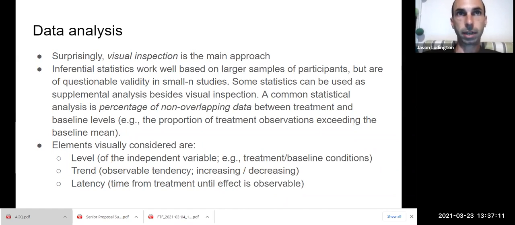And in the treatment, there will be some days in which there are more cigarettes smoked than in the baseline. So even during treatment, someone might smoke 8 cigarettes a day one of those days. So there's going to be some overlap of data points or observations or testing results between condition A and condition B.